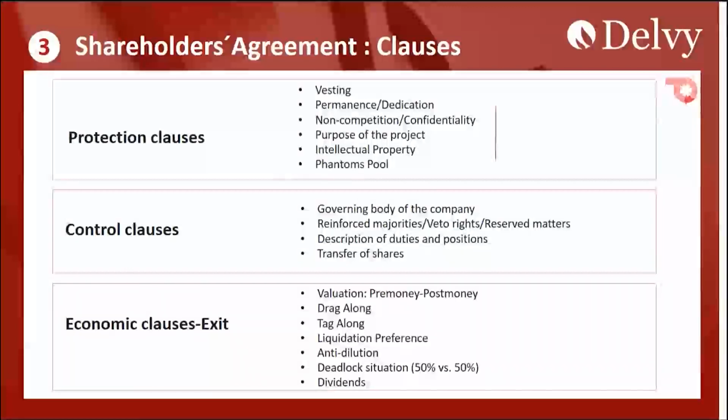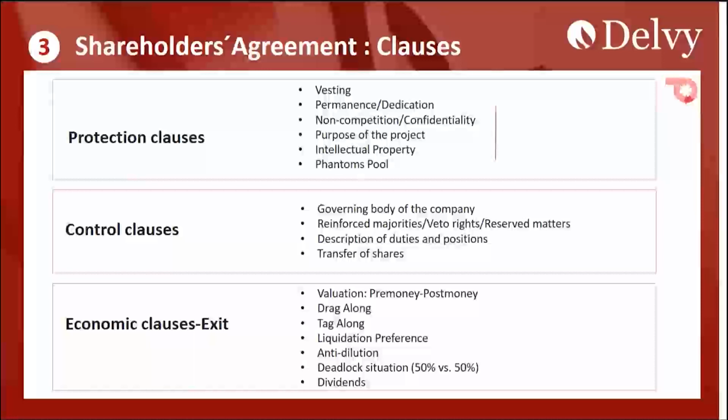This is why for the founders it's very common to have a vesting schedule of consolidation of their percentage in the company based on their obligations and commitments of permanence and dedication in the company. There will be non-competition and confidentiality clauses.